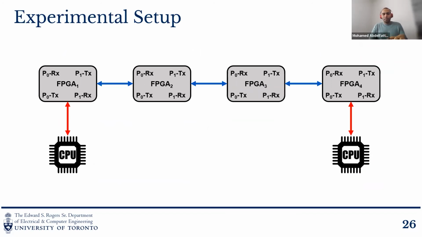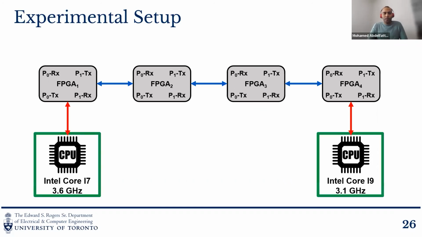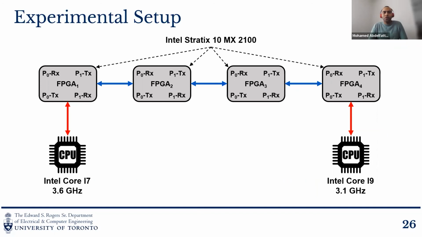I'd like to thank Professor James and his team for providing the experimental setup that we run on. This setup was part of the Pegasus project from Professor James's team. It has 2 Intel Core processors that are talking to 4 Intel Stratix 10 MX devices via Gen 3 x16 PCIe.